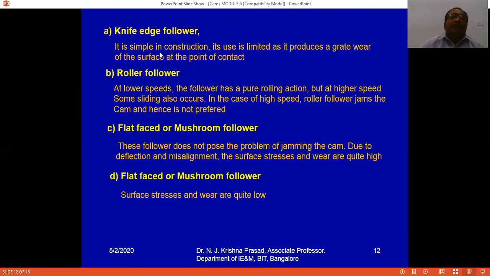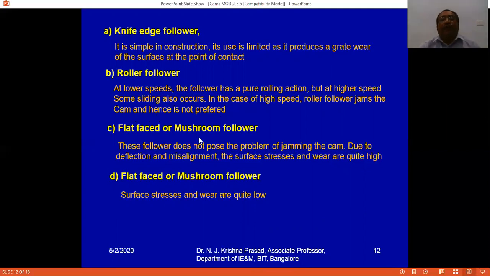The knife edge follower is simple in construction, but usage is limited as it produces a great wear of the surfaces at the point of contact. In the roller follower, at lower speed, the follower has a pure rolling action, but at higher speed, some sliding also occurs. Because of that, it jams the cam. Hence, it is not preferred.